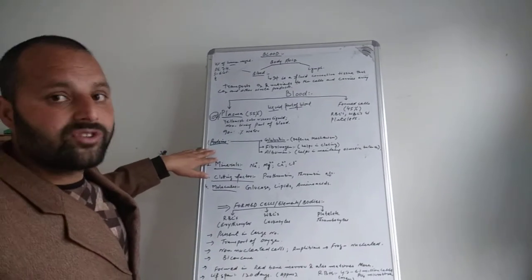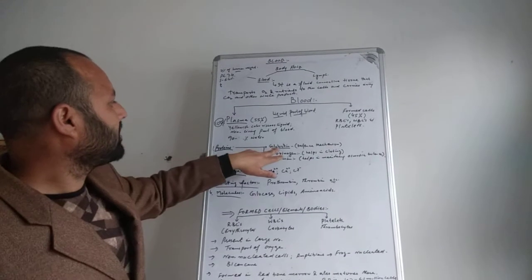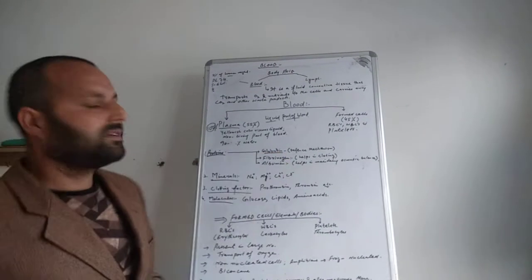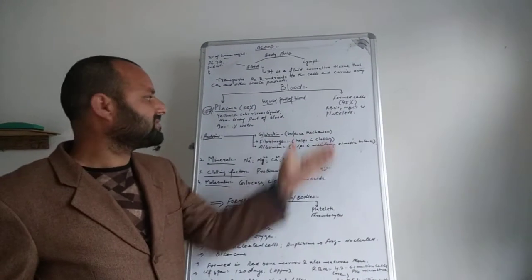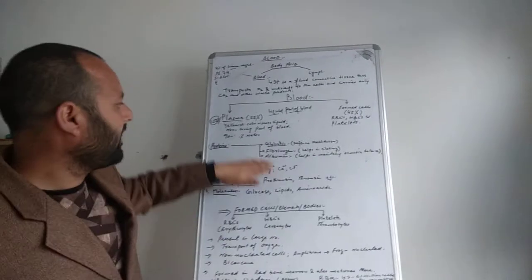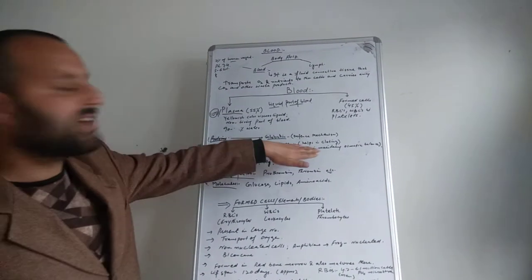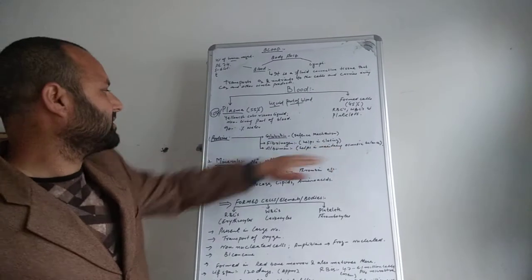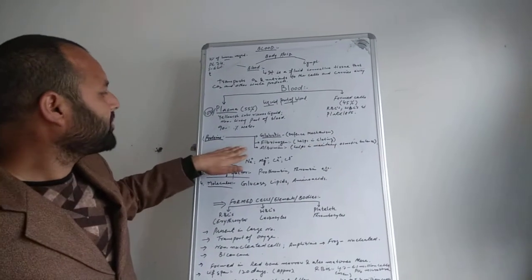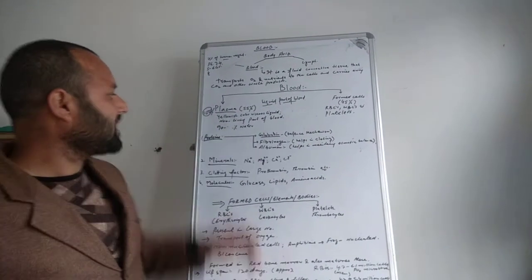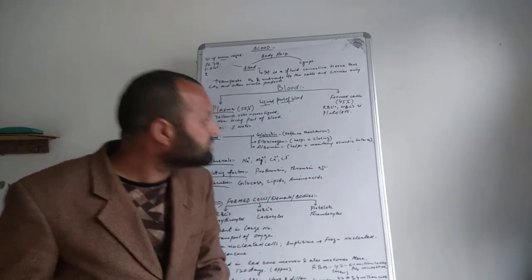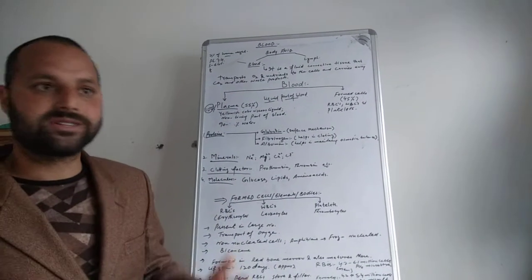Proteins present in plasma are globulin, which helps in the defense mechanism. Another one is fibrinogen, a protein which helps in clotting. The third protein present in the plasma is albumin, which helps in maintaining the osmotic pressure.